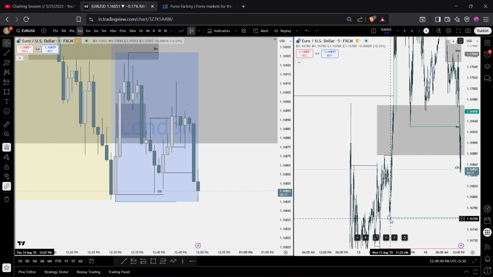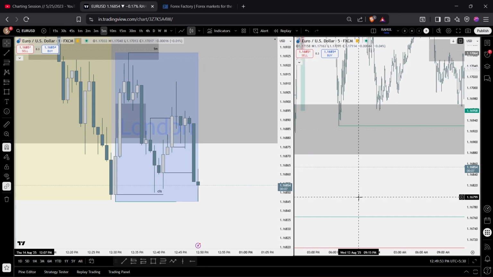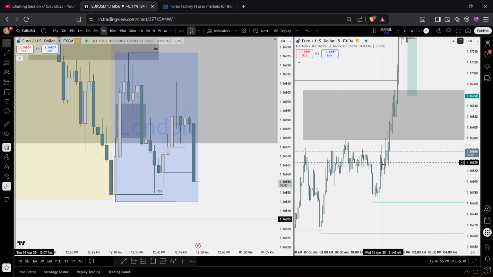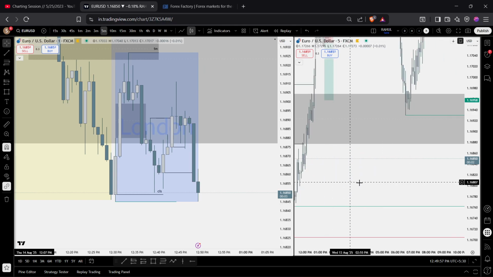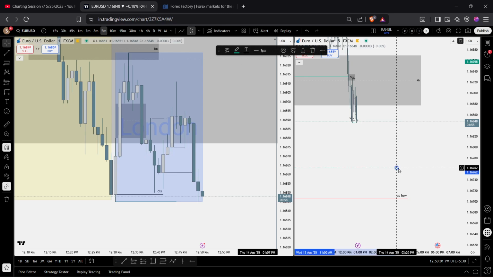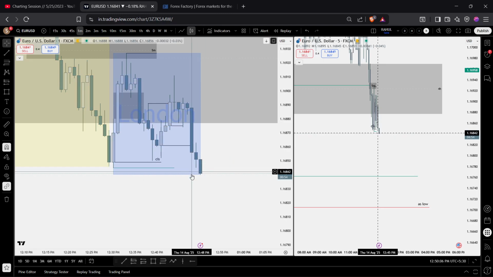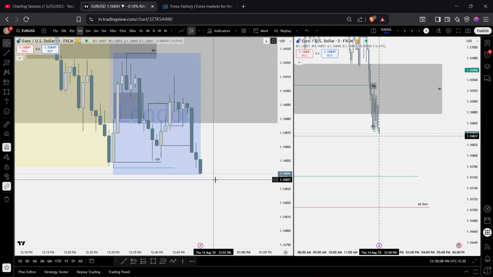Here are no externals. This is the only external that is present. Okay. This could also be a manipulation until we get a displacement.